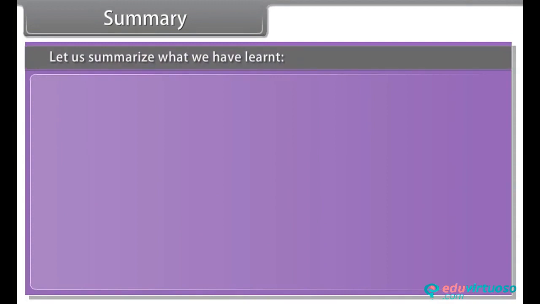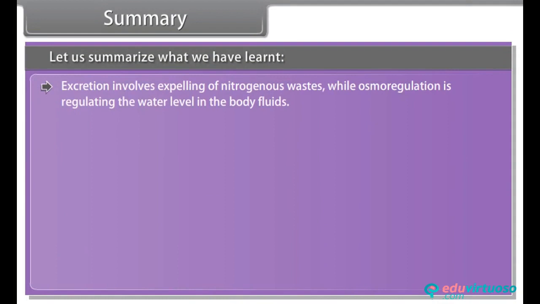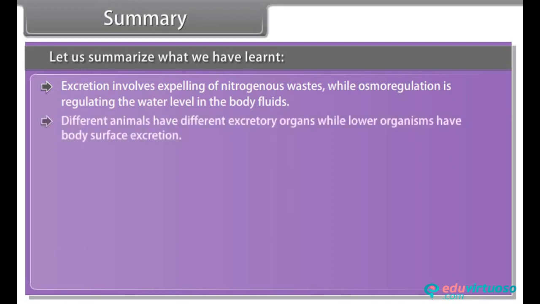Summary. Let us summarize what we have learnt. Excretion involves expelling of nitrogenous wastes, while osmoregulation is regulating the water level in the body fluids. Different animals have different excretory organs, while lower organisms have body surface excretion.